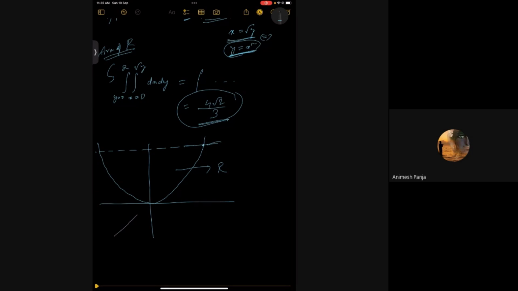If you find the equation of this line, this will be exactly y equal to root 2 x. Now there's a line given to us, y equal to alpha x, where alpha is greater than or equal to root 2. So the line has to be either this line itself, or something like this, or something like this. It should not be something like this, because alpha is greater than or equal to root 2. Is it clear?